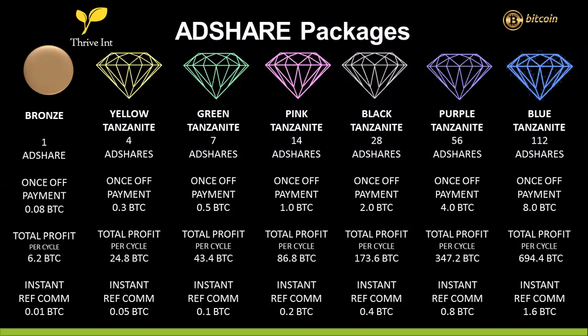Now, yes, here's the big thing. Each and every one of those open positions is not filled up by a person, but by an Adshare. And one person in this business can own multiple Adshares, and multiple packages of Adshares.